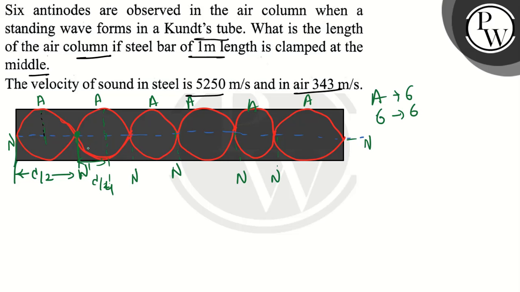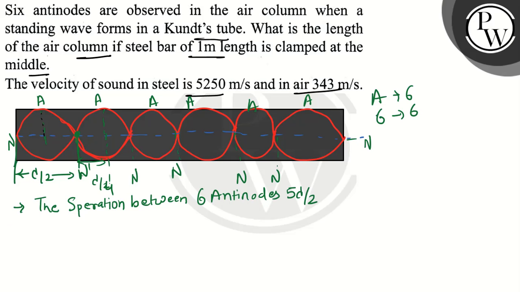It is saying that the tube is enclosed like a closed organ pipe, so nodes are formed at the ends. The separation between six antinodes is 5 lambda by 2.